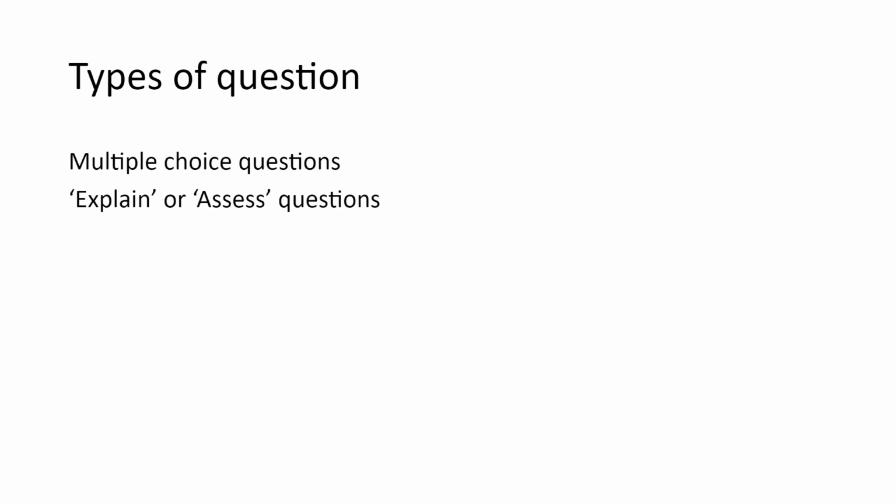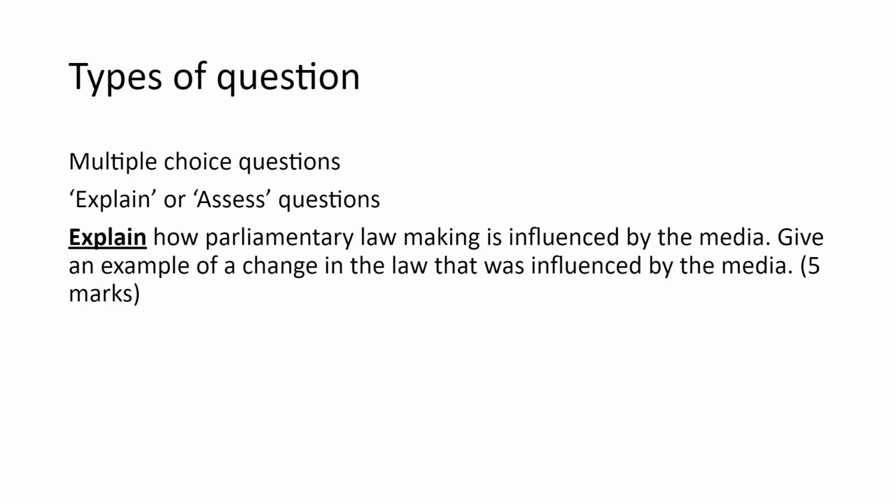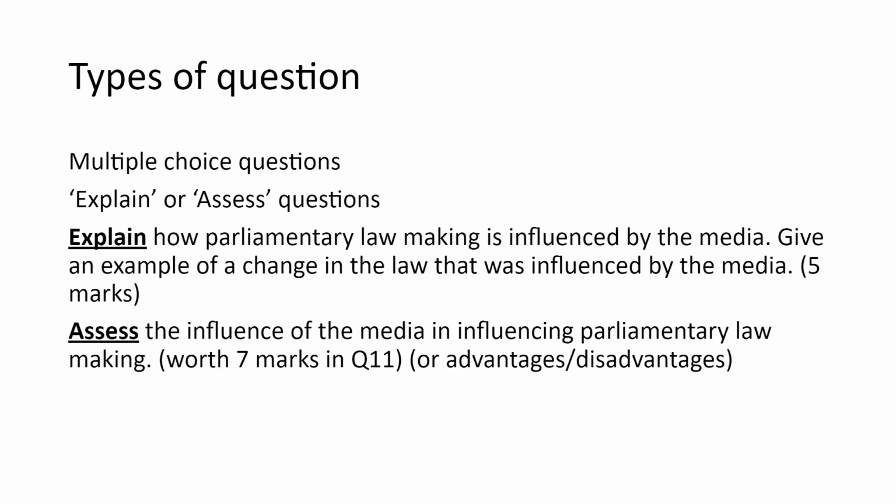So other types of question other than multiple choice are the explain and assess questions in the AQA exam. So explain how parliamentary lawmaking is influenced by the media. Give an example of a change in the law that was influenced by the media for 5 marks. And a 7-mark question, assess the influence of the media in influencing parliamentary lawmaking.